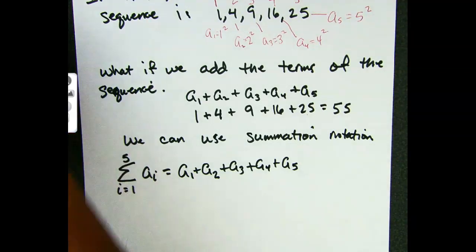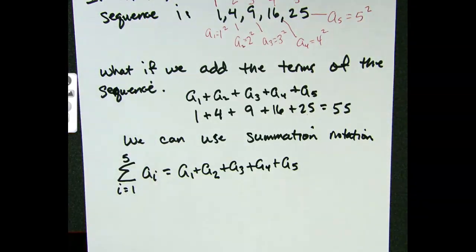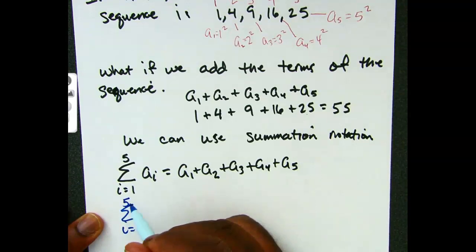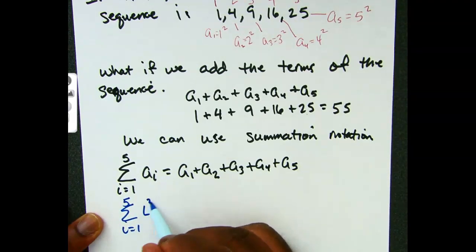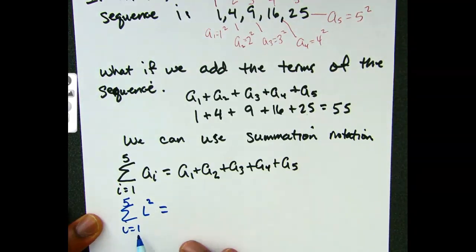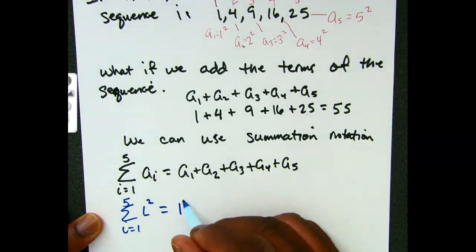So the summation we described before would be written this way. Summation i equals 1 to 5 and then i squared. So i starts at 1. You're going to replace the i with 1 squared.